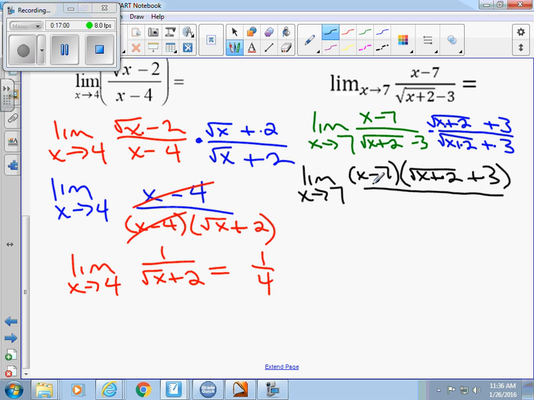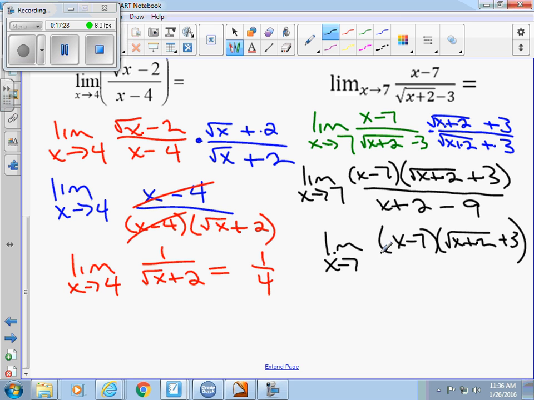Ooh, it does. Okay, and what happens when you multiply square root of x plus 2 times the square root of x plus 2? X plus 2 minus 9. No, I explained it to you all. And 2 minus 9 is? Good, so x minus 7 over square root x plus 2, plus 3, times x minus 7.